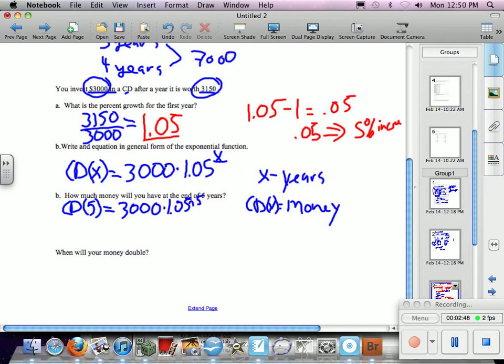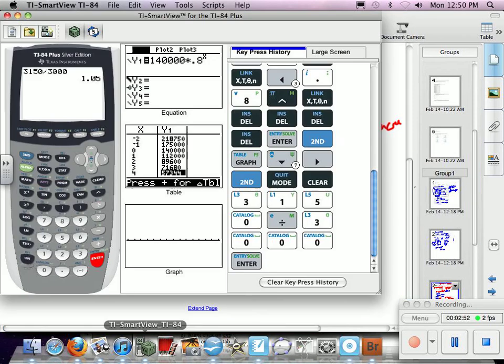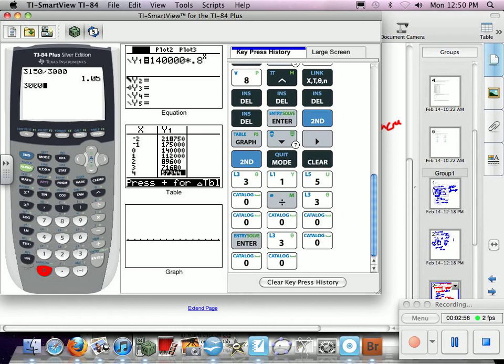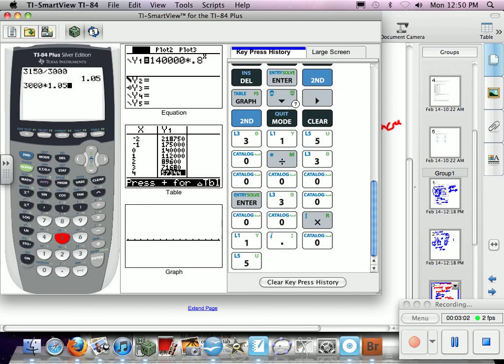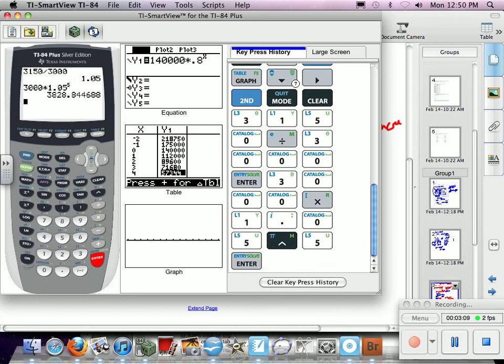Now once again, I can just plug that into my calculator here, and I can say 3,000 times 1.05 to the 5, because that's after 5 years.